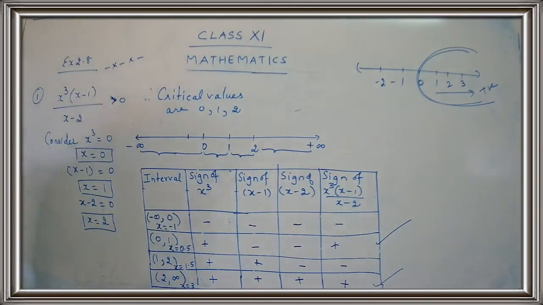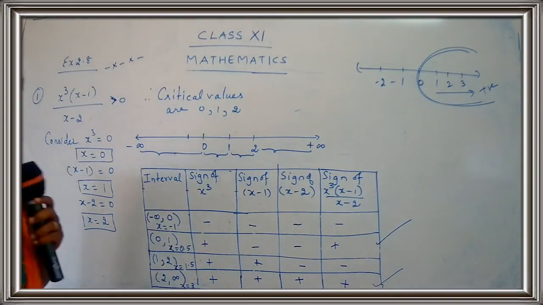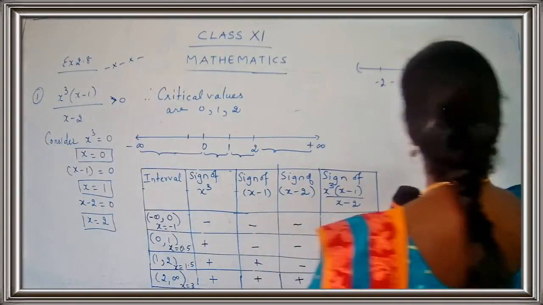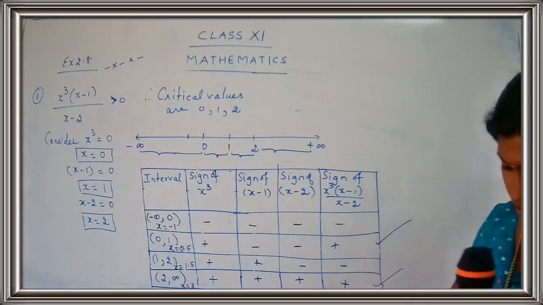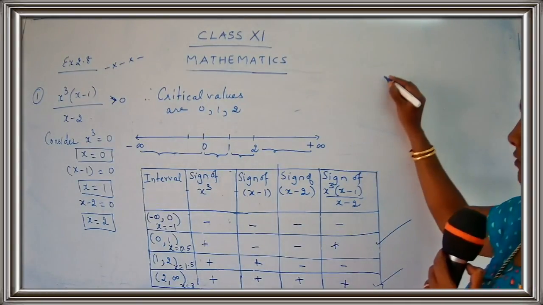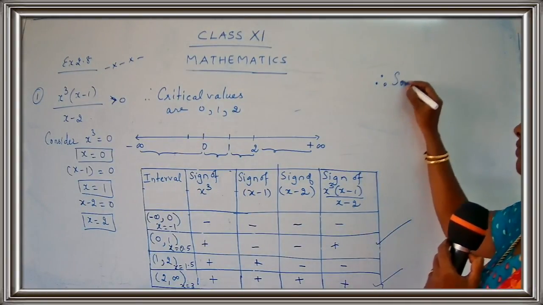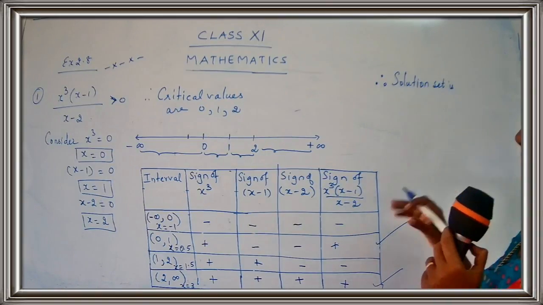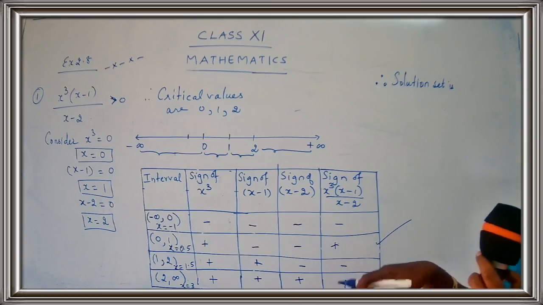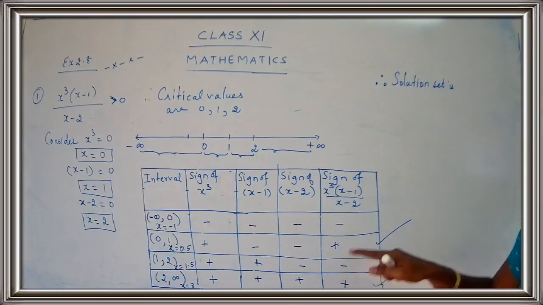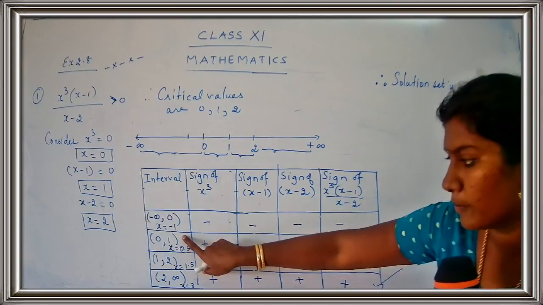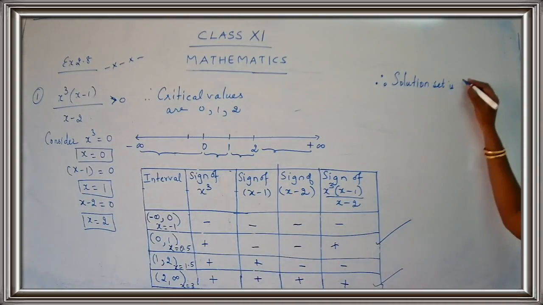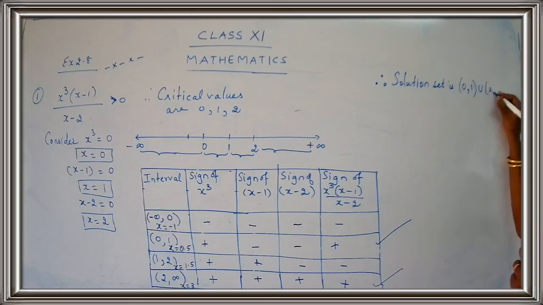Write on, therefore solution set is... okay, so I am going to write on the solution set. I have told you that we are going to choose the positive value. That means I am going to choose the interval 0 comma 1 and 2 comma infinity. So solution set is 0 comma 1 union 2 comma infinity.